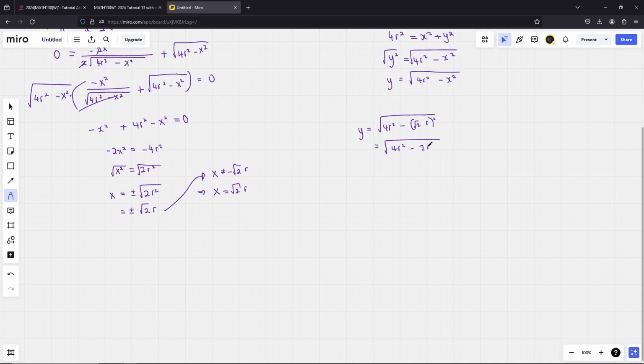If I square r, it's going to be r squared. Combining like terms, we get 2r squared. Now separating these, we get root 2 r, and hence x is equal to root 2 r, and y is also equal to root 2 r.